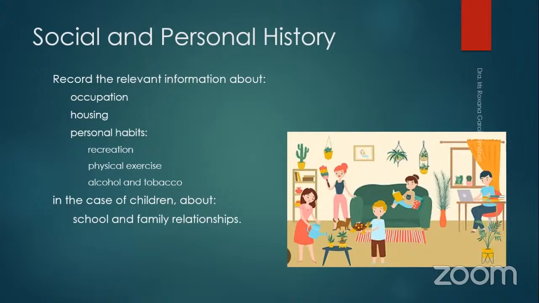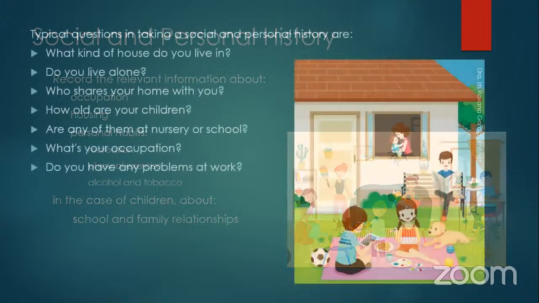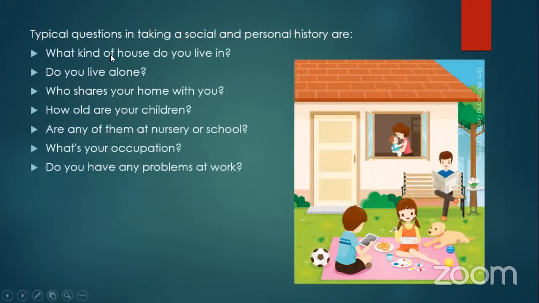In case of children, we have to ask about school and family relationships. We have to check the environment when the child is growing up. Typical questions in taking a social and personal history are just suggestions.